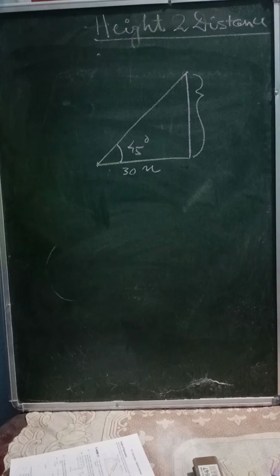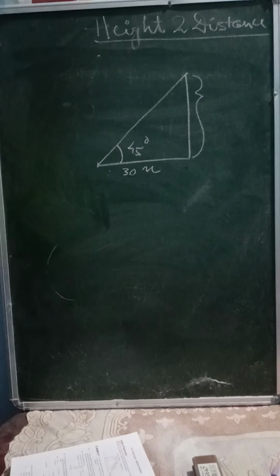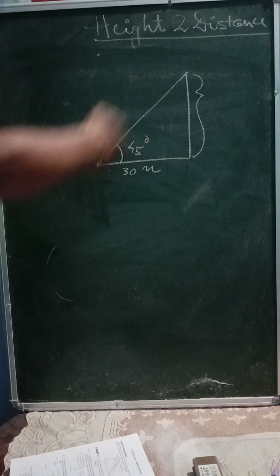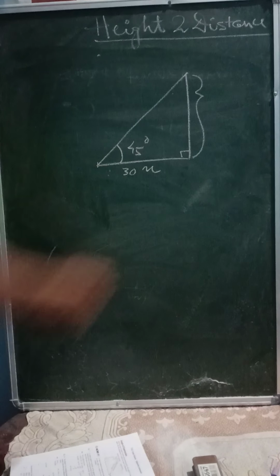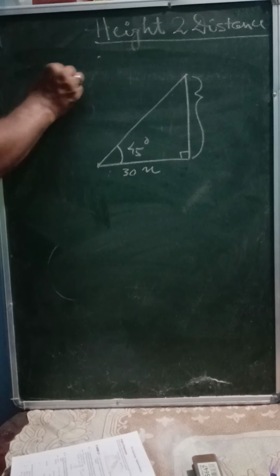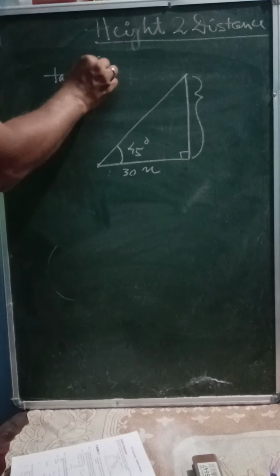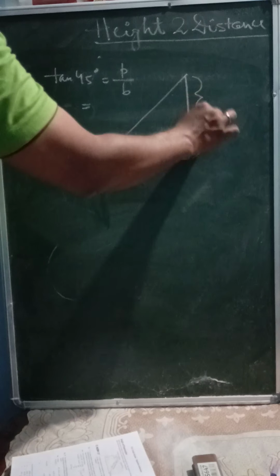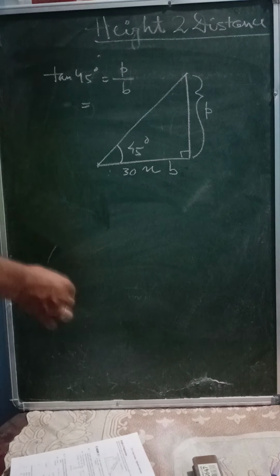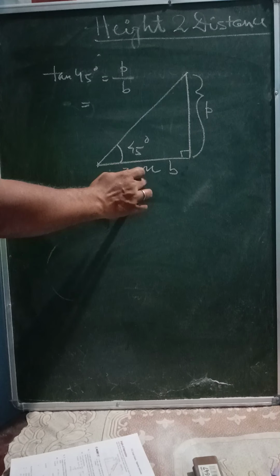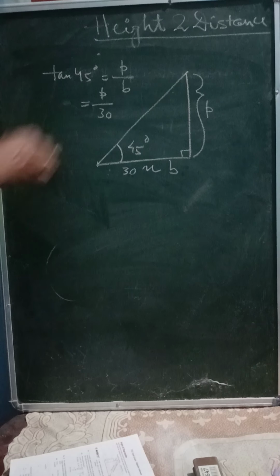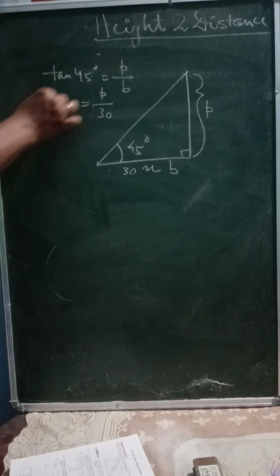This is our question. So in this question, with the help of the trigonometric ratios, we can easily solve these questions. How? You just see, as this is your right angle triangle, so with the help of this, tan 45 degree is equal to P by B. So here this is P, this is B. So this B is given 30, so P by 30, and tan 45, the value is here 1.